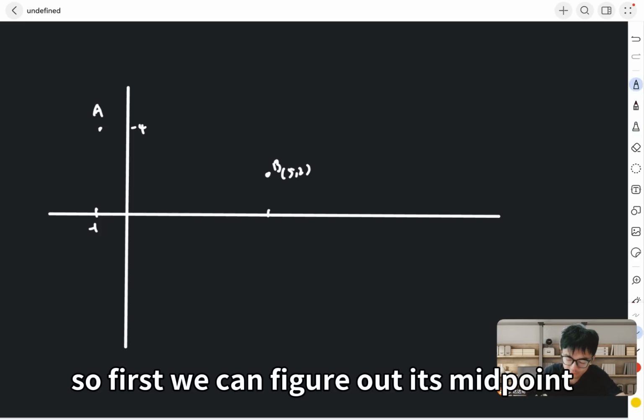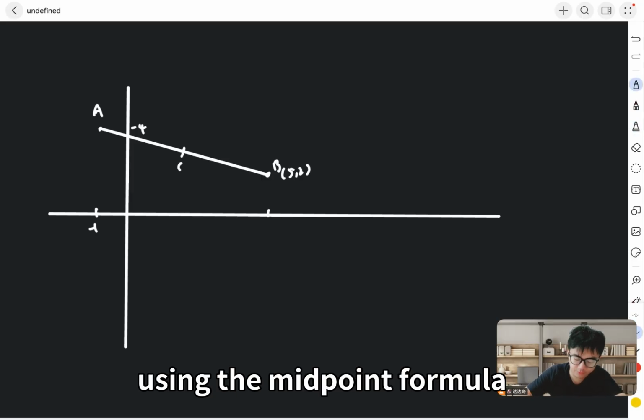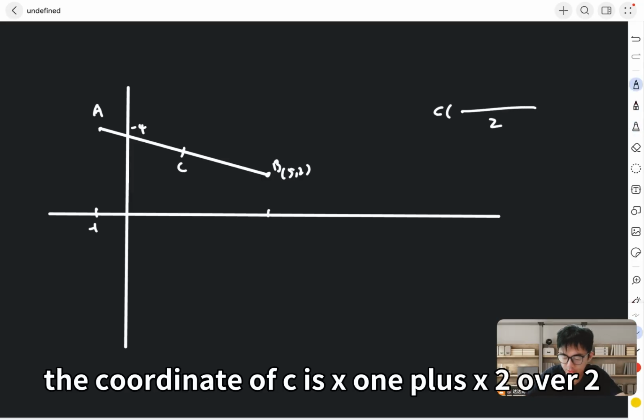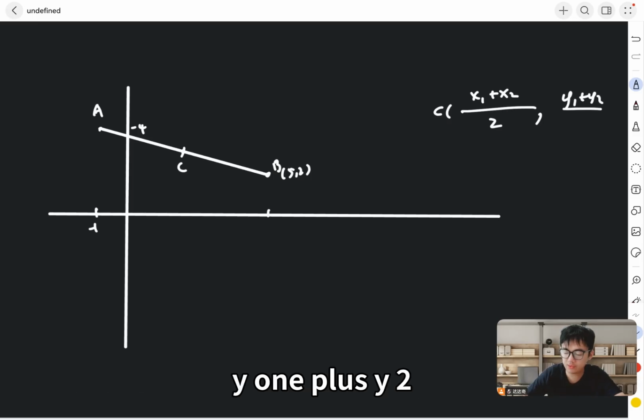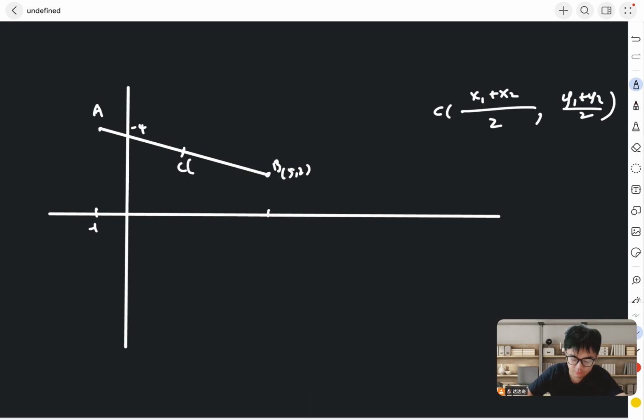First we can figure out the midpoint using the midpoint formula. The coordinates of C are (x1 plus x2) over 2, (y1 plus y2) over 2. And then we find the center C, which is (2, 3).